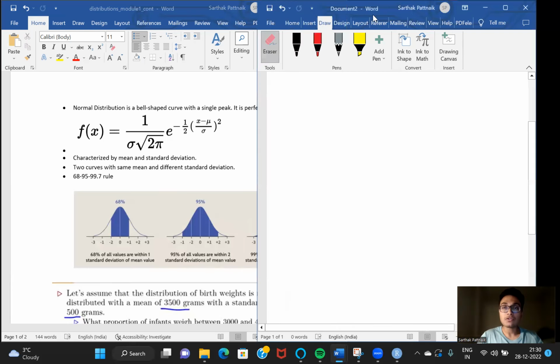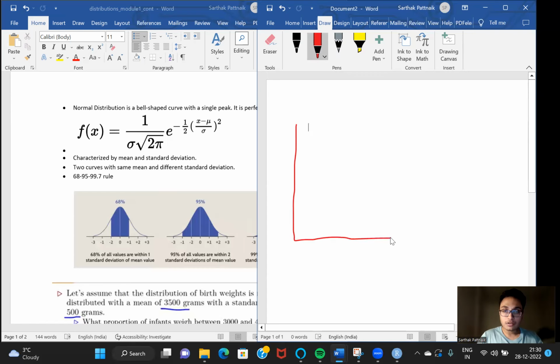If I had to demonstrate that, let me pull out my pen. Let us suppose I'm plotting the histogram of the population set. What researchers found was that most of the data lay somewhere here.